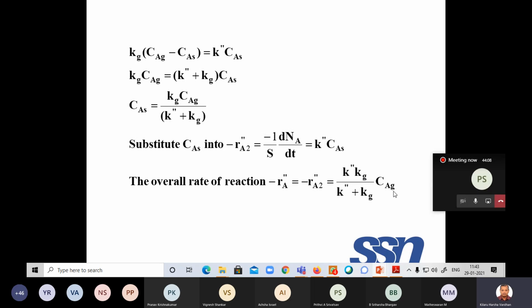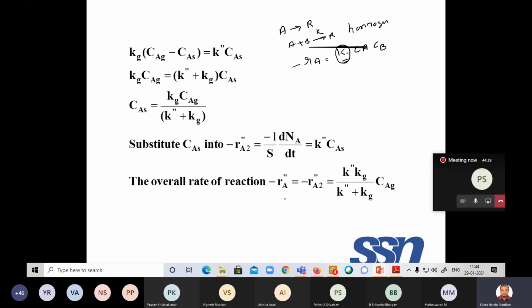How many of you understood this? If there is a reaction, A giving you R, or A plus B giving you R, and this is a homogeneous reaction, then we write -Ra is equal to k into Ca into Cb. But if there is a heterogeneous reaction, you cannot write k like that.